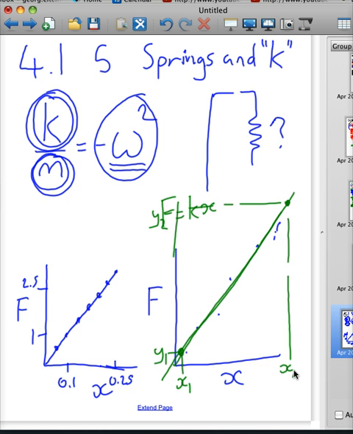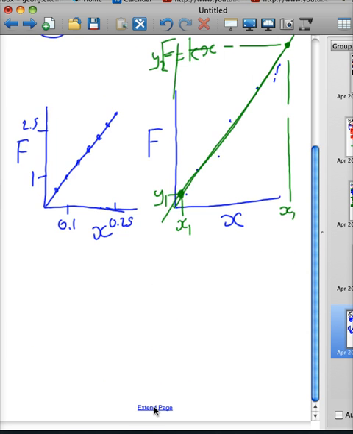Once you've done that, you should know from maths that the gradient, which in this case we call the spring constant, is equal to the difference in the y's over the difference in the x's. And what that ends up giving us in this case, well, let's check it out.